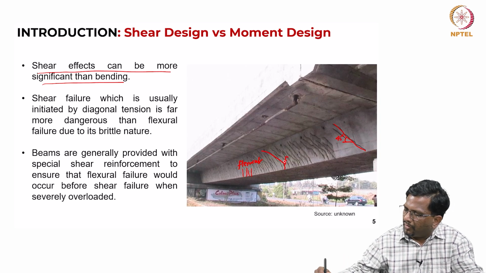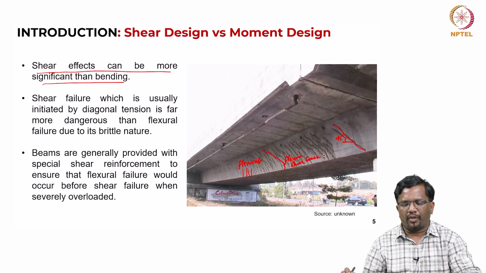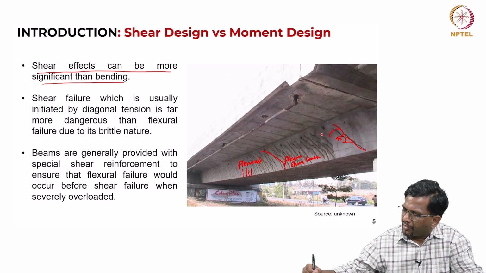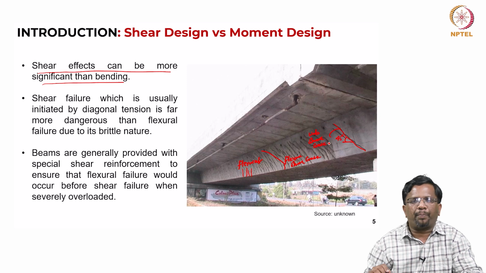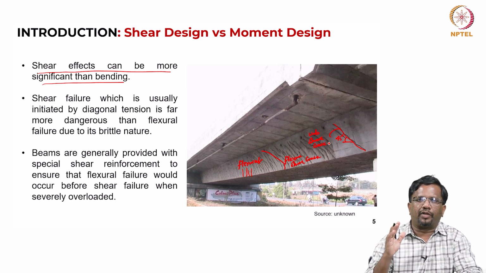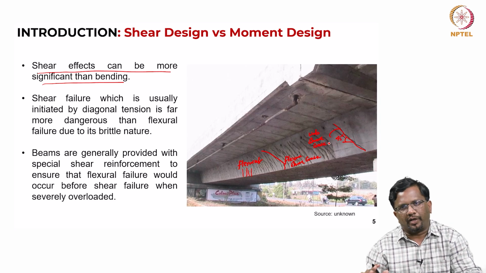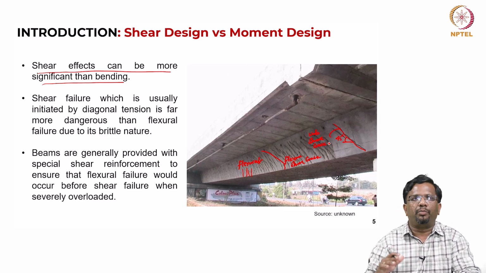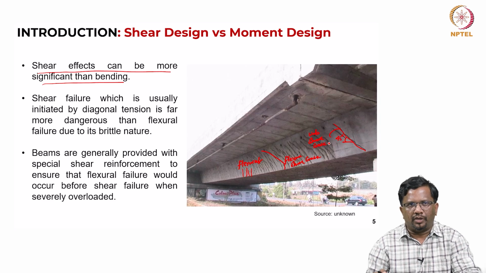So, these are called flexure shear cracks. And this is a web shear crack. Depending upon the type of the crack and its pattern, we can identify whether it is governed by flexure or shear or combinations of flexure and shear.